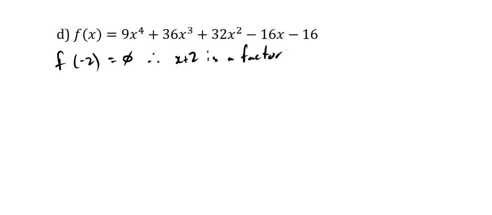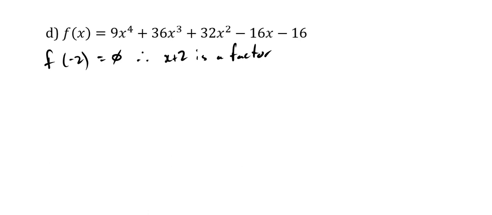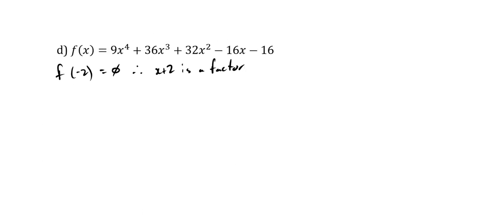Okay, perfect. What do we do next? All right, let's do it. So you can go ahead and try that. So my factor is x plus 2, and I write out the coefficients 9, 36. There's no missing terms, right? There's no ghost terms. So 32, -16, -16.